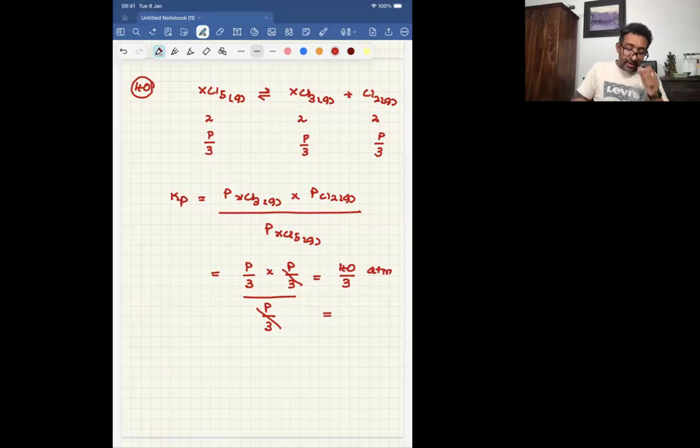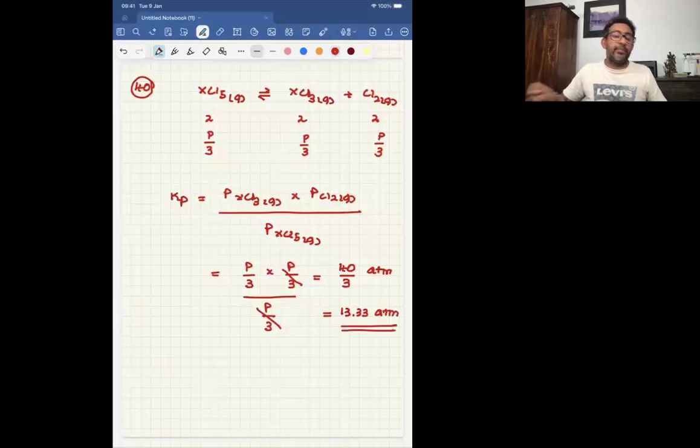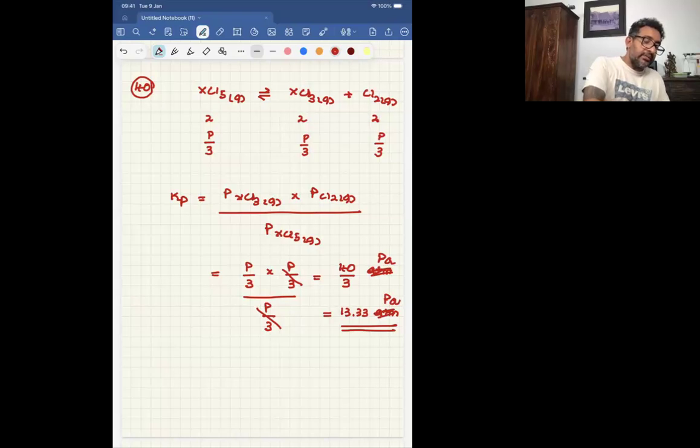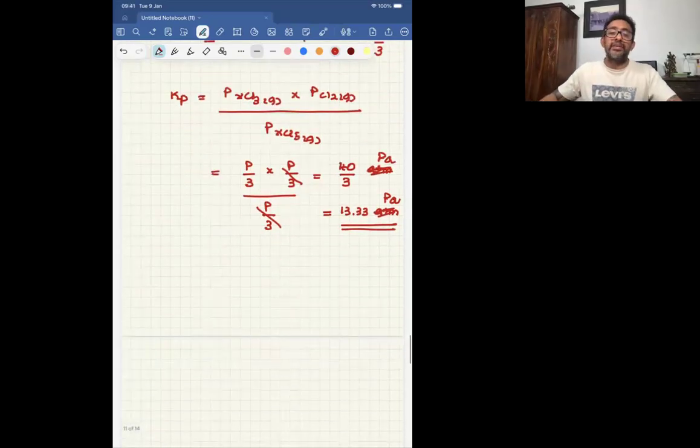What is that, 40 divided by 3? 13.33. Oh, Pascal, sorry. This is also Pascal, 40 Pascals. So 13.33 Pascals. Correct the answer: 13.33 Pascals. The value is right, the unit is wrong.